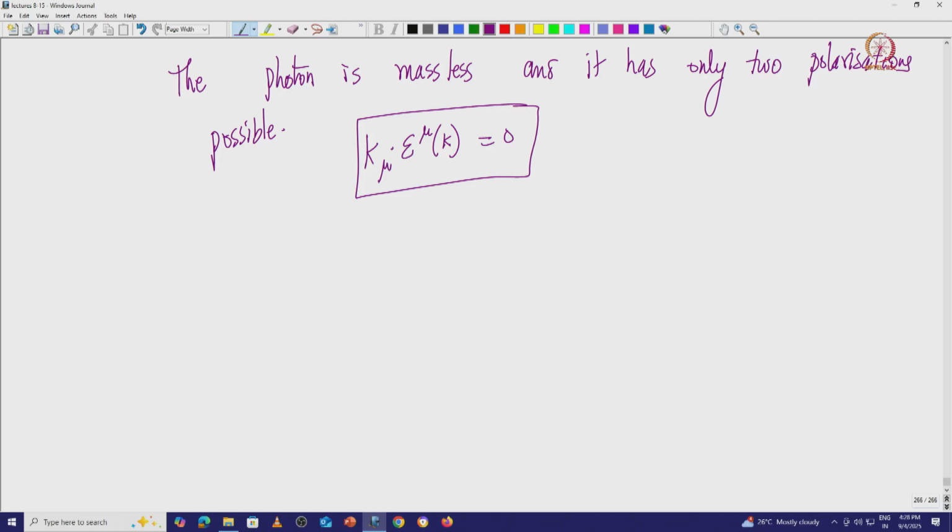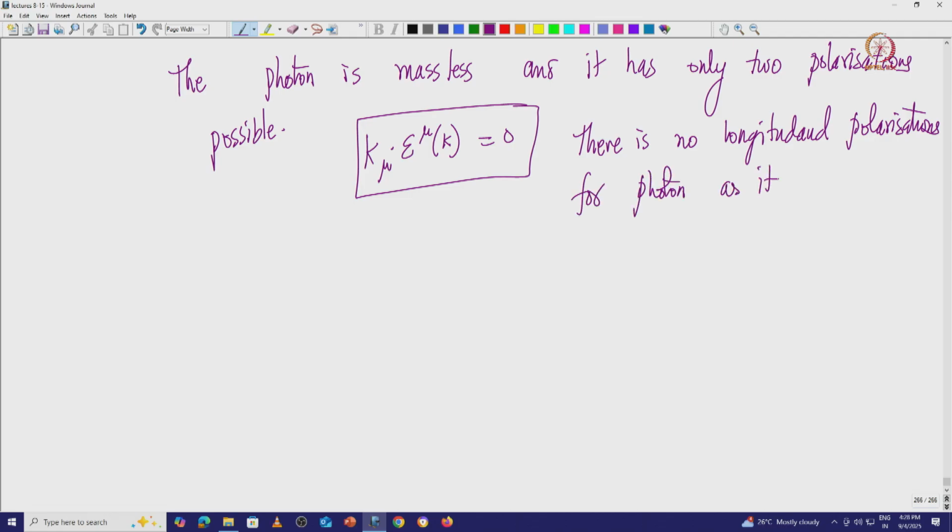There is no longitudinal polarization, as it is massless.